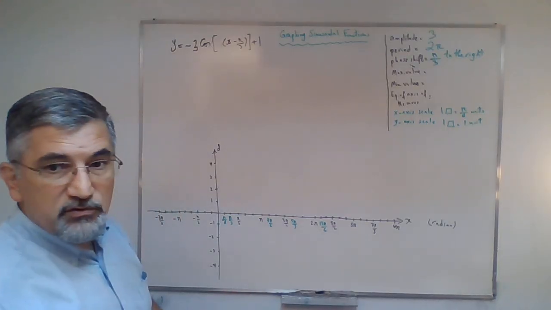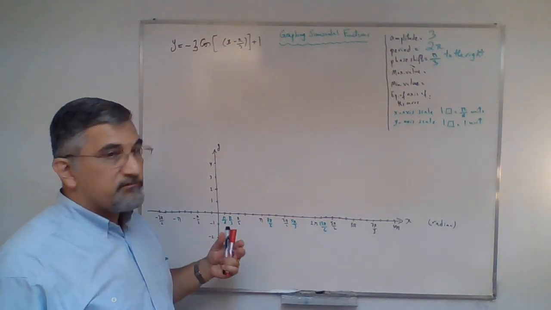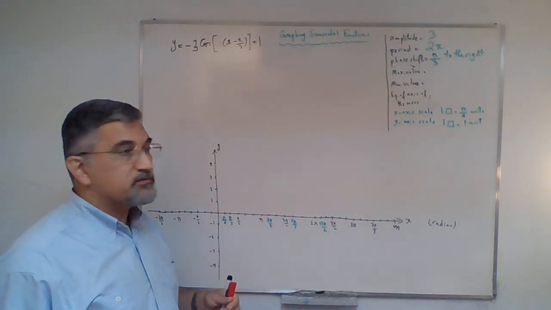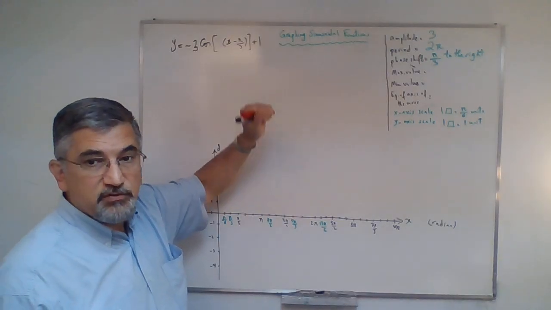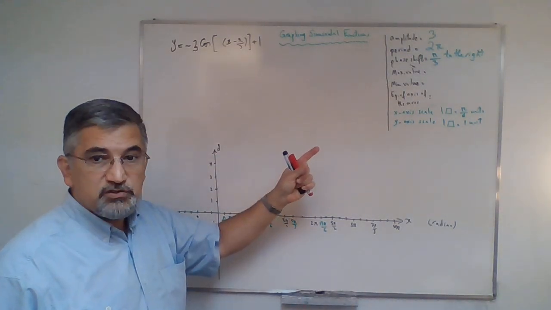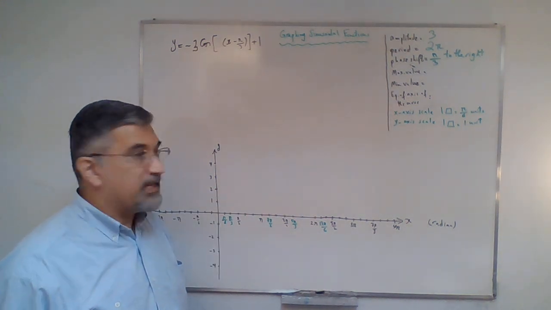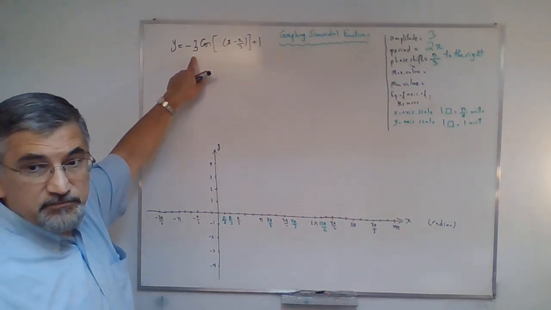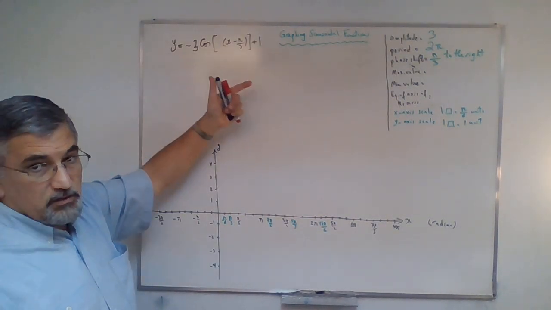So pi over 3 is the magnitude, the size of the horizontal shift, known as phase shift, and the direction is to the right because we have x minus pi over 3. If it's x plus pi over 3, it will be a phase shift of pi over 3, and then it will be to the left.